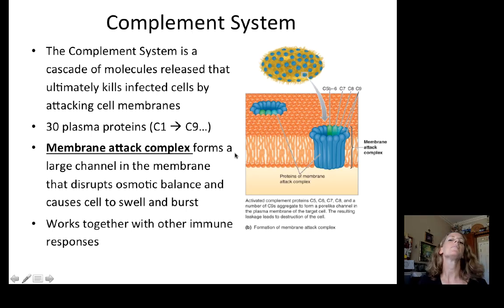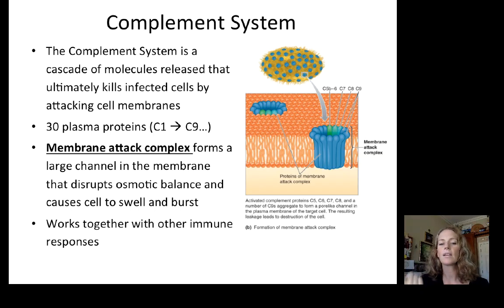The complement system is similar, but it's through a larger cascade of molecules. There are 30 proteins involved in the complement system, but ultimately it is also going to poke holes in the membrane of a cell and kill those cells. These holes are formed by what we call the membrane attack complex, not the perforin. So natural killer cells, perforins.